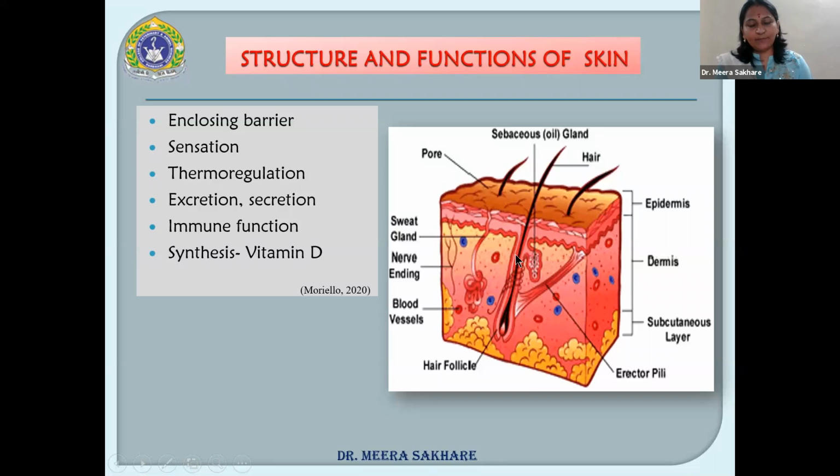All these structures are present in the middle layer of the skin. The innermost and last layer is the subcutaneous layer, which contains fat required to maintain energy for the skin and body of the animal. So in short, this is the anatomical structure of the skin.